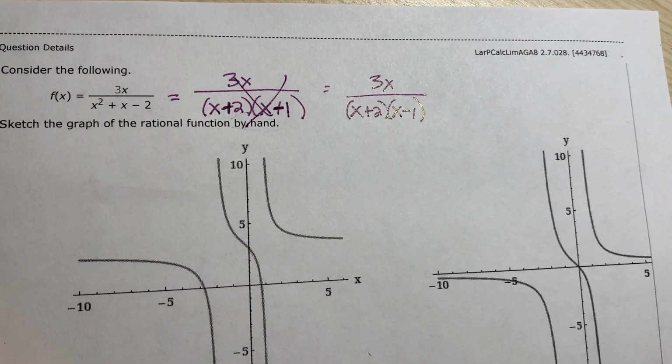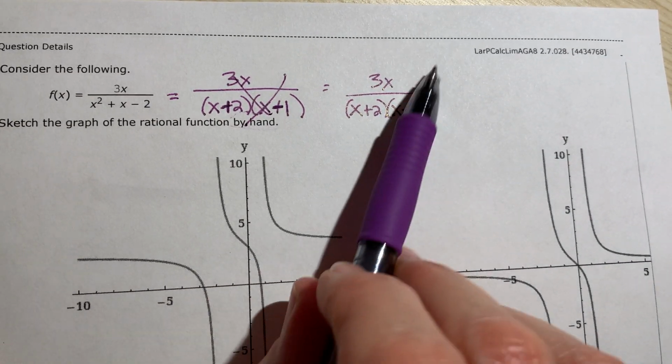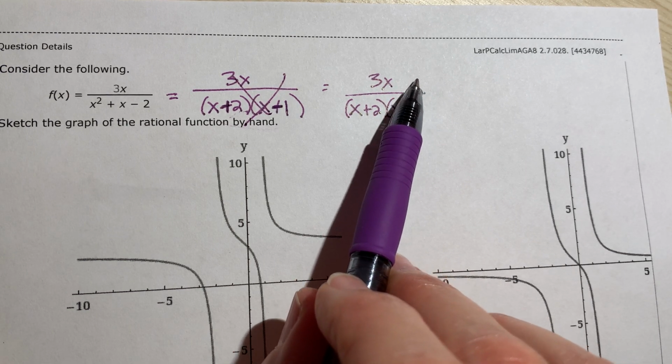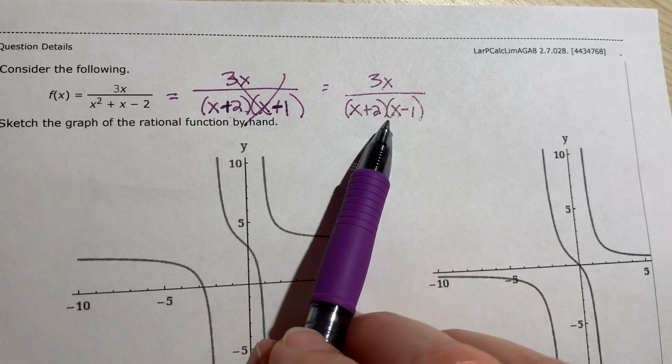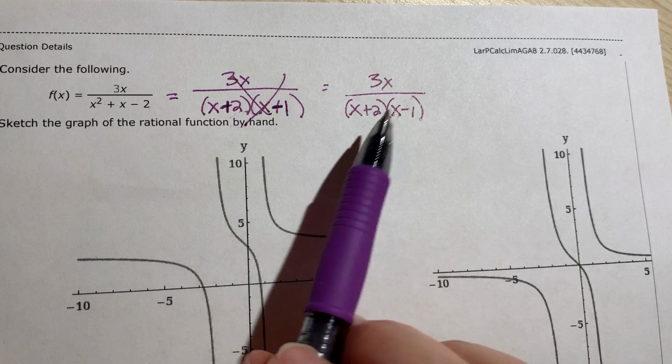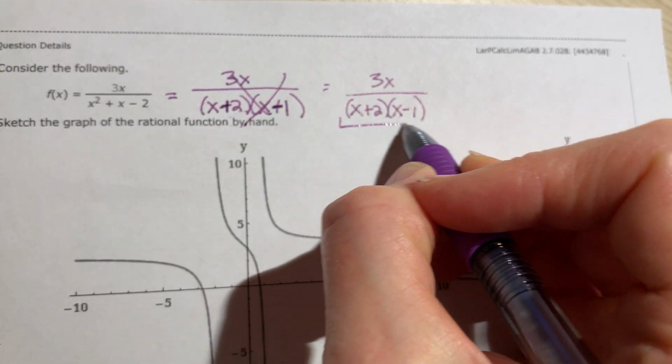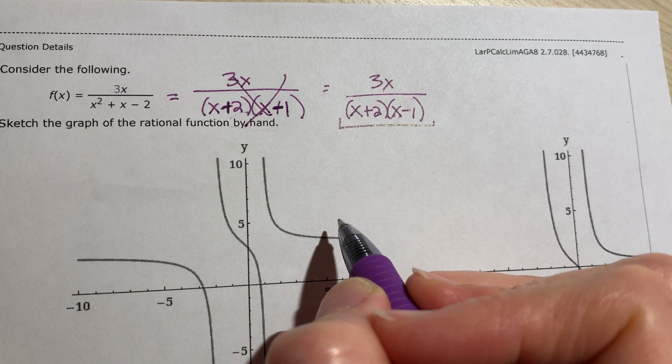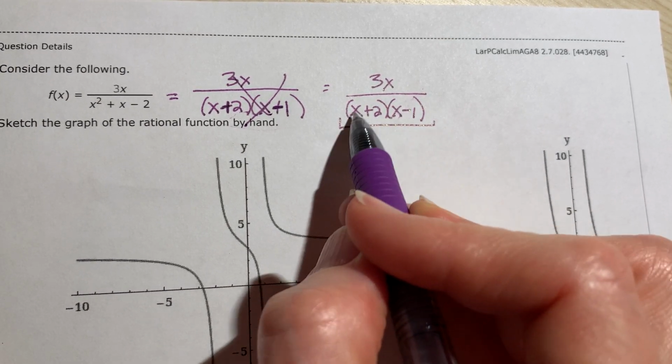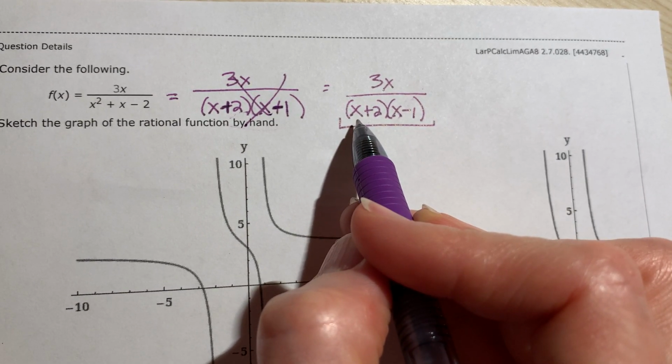Okay, now once you have it factored, you have no holes because you don't have any factors that cancel out. So this means both of these will be vertical asymptotes. Remember, anything that makes the denominator 0 is a discontinuity.